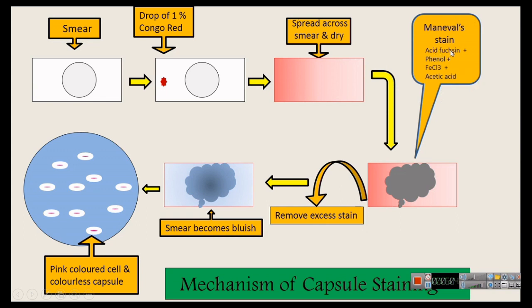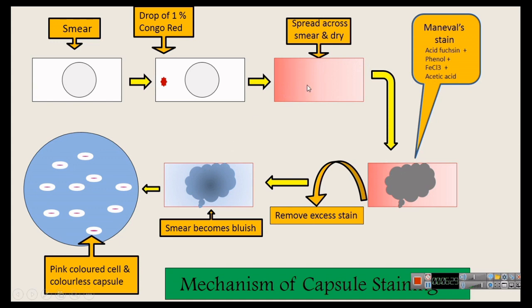Among these, acid fuchsin is a basic stain and it stains the cytoplasm of the bacteria. The penetration of acid fuchsin into the cytoplasm through the capsule is enhanced by the phenol, and the role of ferric chloride is as a chemical fixative. Acetic acid present in Maneval's stain is responsible for changing the background color from red to blue.